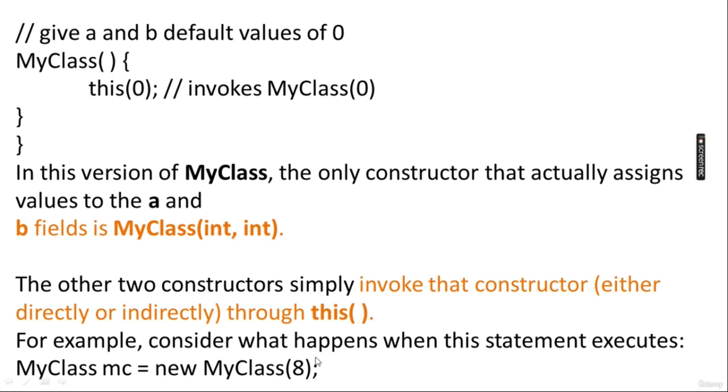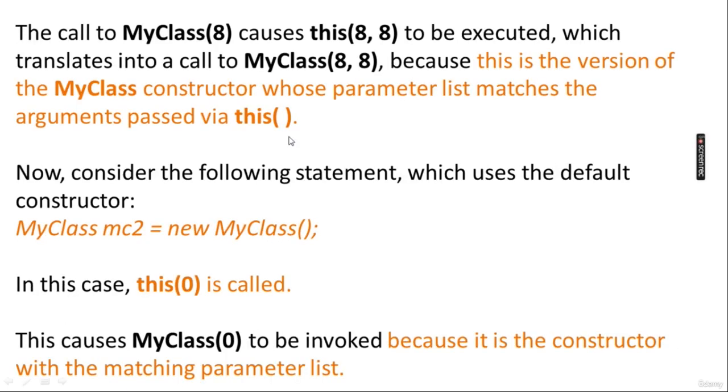For example, consider what happens when this statement executes: MyClass mc = new MyClass(8). The call to MyClass(8) causes this(8, 8) to be executed, which translates to a call to MyClass(8, 8), because this is the version of the MyClass constructor whose parameter list matches the arguments passed via this.